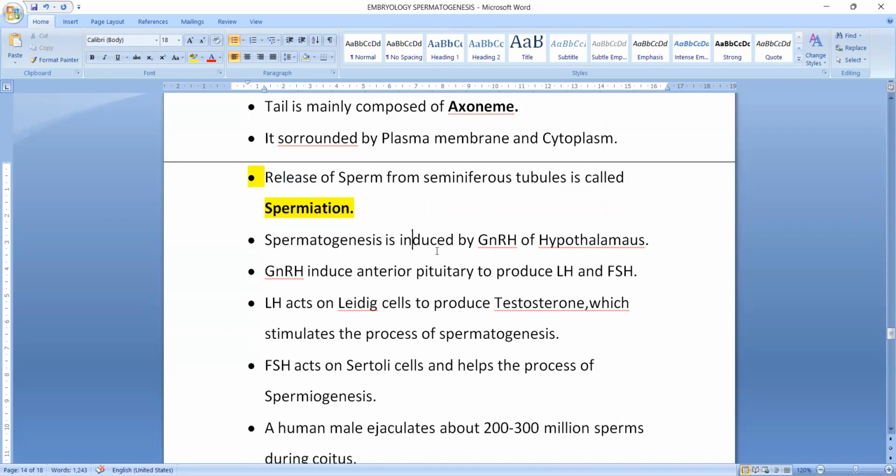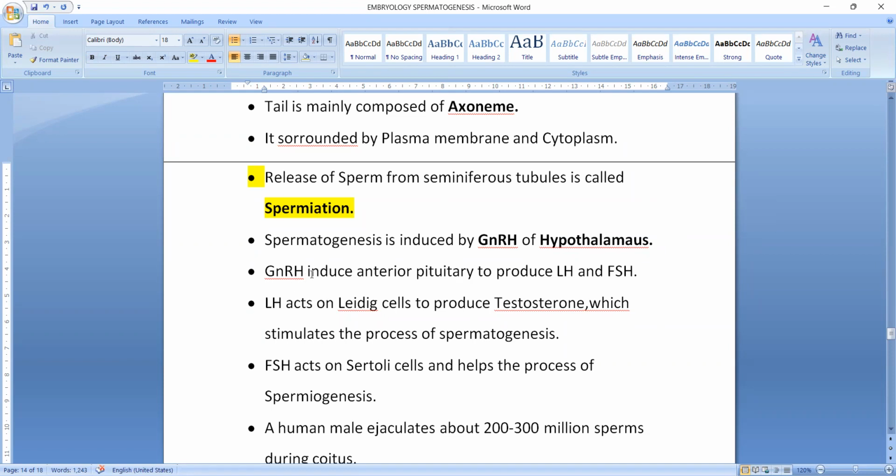Spermatogenesis is induced by GnRH hormone. So what is this GnRH? Gonadotrophin releasing hormone. It is produced from the hypothalamus. Okay, we have seen it in the endocrine system.